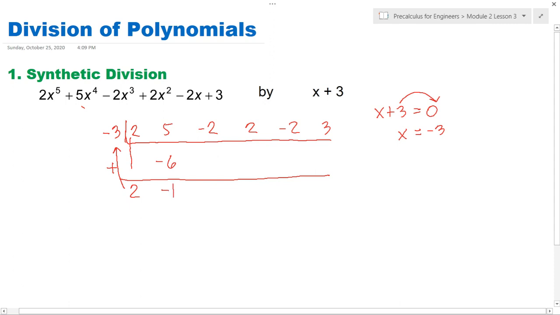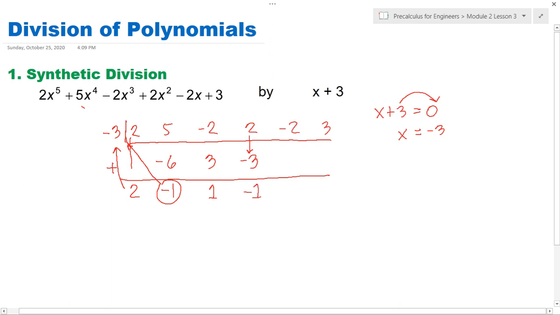So interrupt me if you get confused or have difficulty. So negative 1 multiplied by negative 3 is positive 3. I put here positive 3. Then negative 2 plus 3 is equal to positive 1. Then 1 times negative 3 is negative 3. 2 plus negative 3 is equal to negative 1.